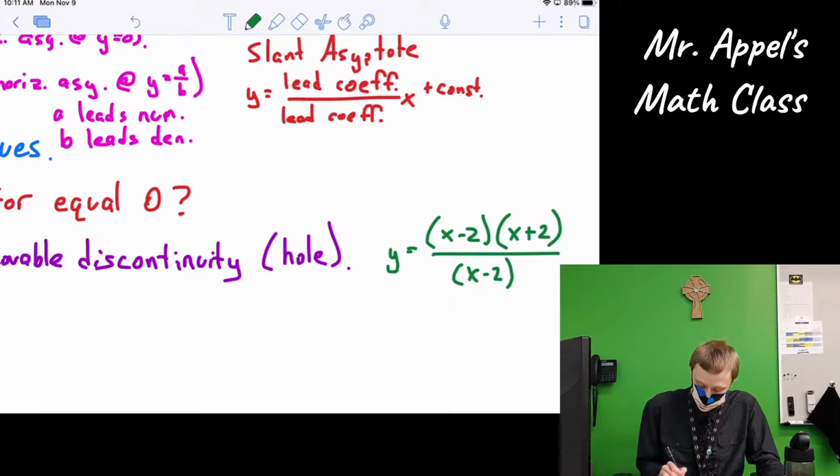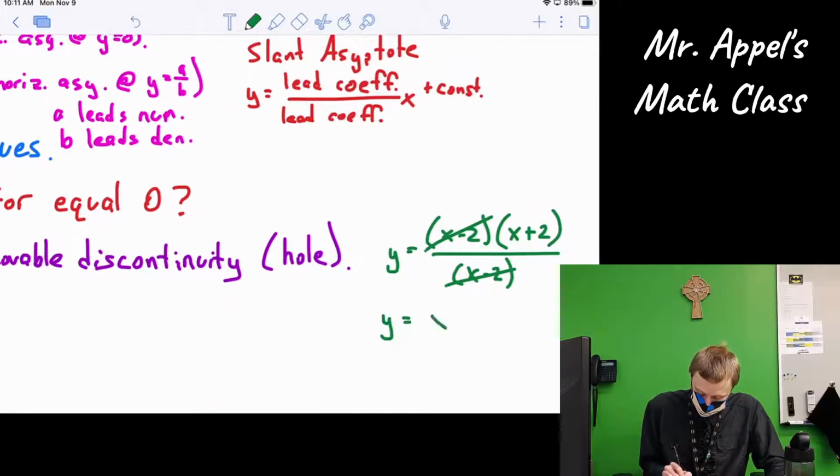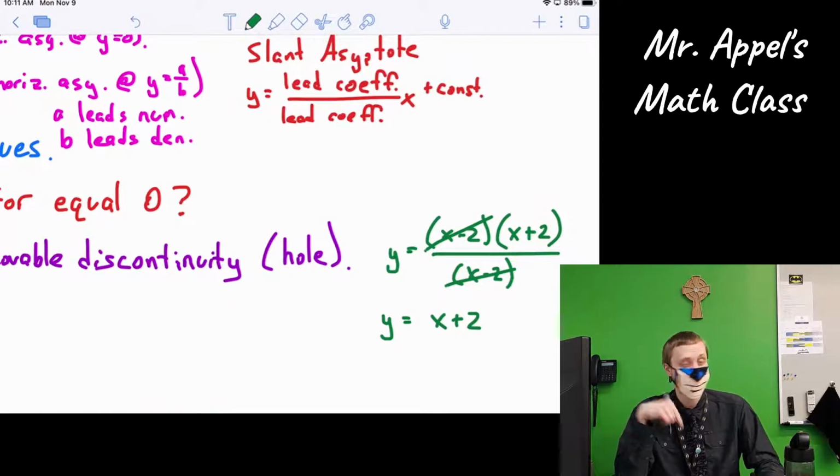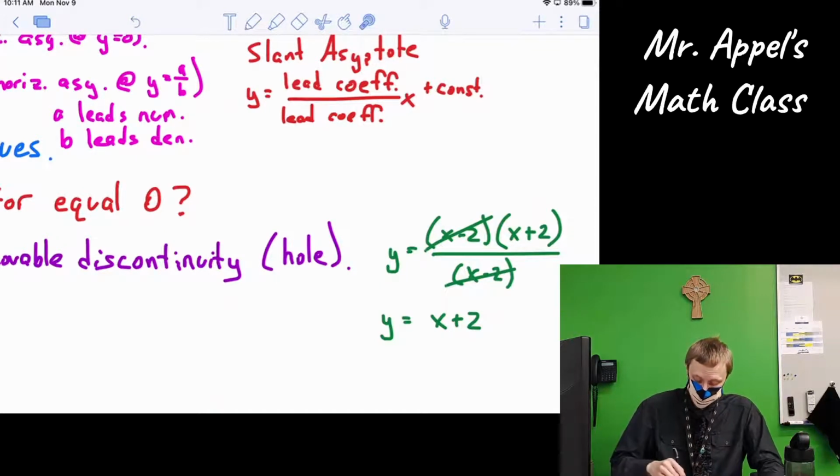I'm going to reduce them, and so you cross those out. You reduce it, and you just get y equals x plus 2. This starts as a rational function, a ratio of two polynomials, one divided by the other, but it reduces to just a linear.